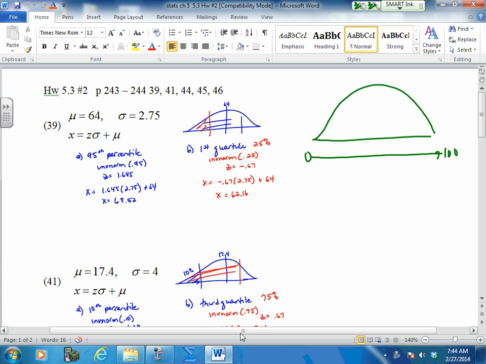Every time you look up your z-score, it is to the left. So if you want a percentile, like the 80th percentile, you want to be better than 80% of the people. You want the area to the left as 80. If you want to be in the top 20, that's this piece here. But if you're going to look it up, you're going to look up 1 minus 20.